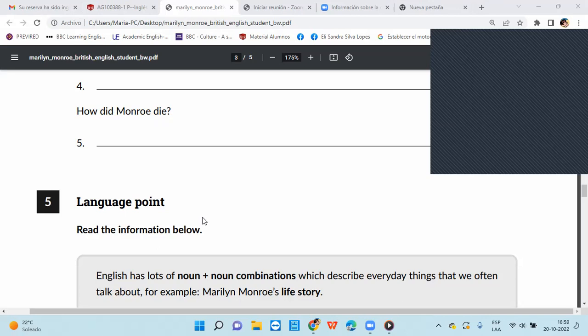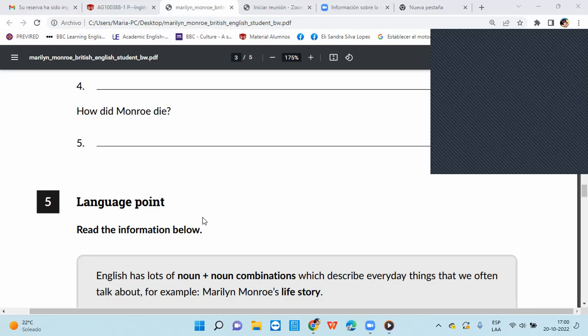A conspiracy. Some people say there was a conspiracy to kill her, that she was killed by the CIA and the KGB. Alexis, can you repeat it?